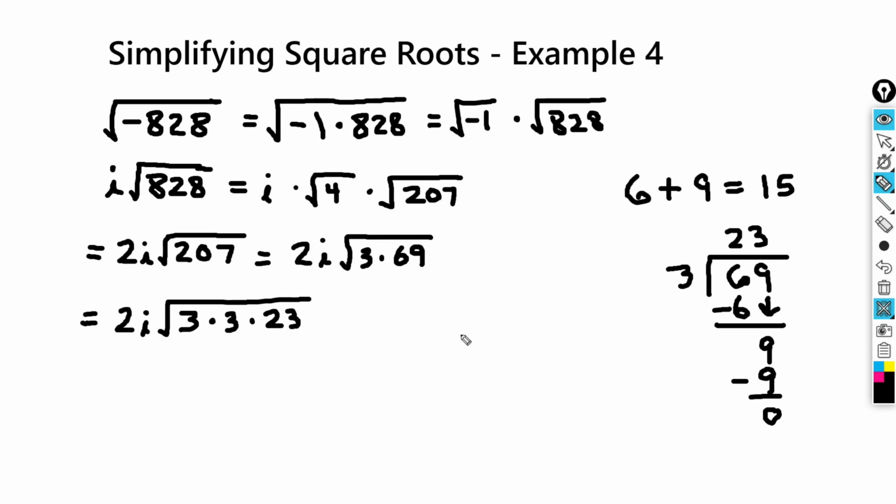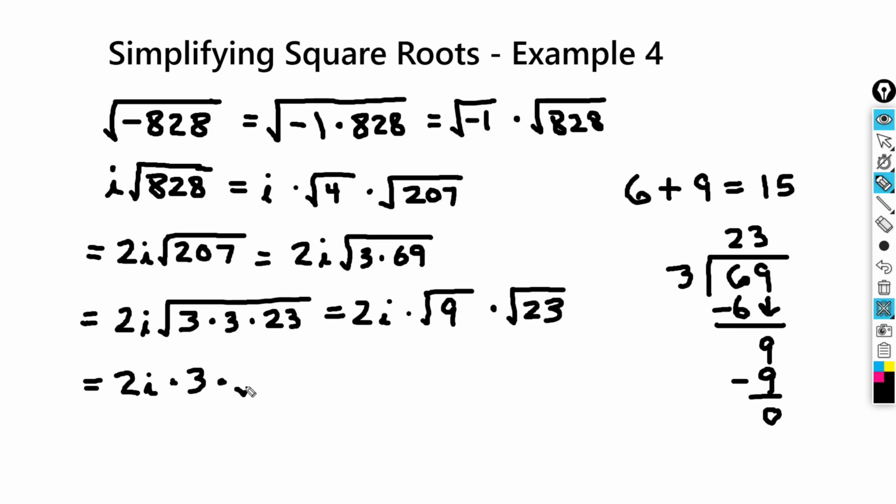Okay, so if I look at this, I can really write this as 2i. 3 times 3 is 9, so I can write this times the square root of 9 times the square root of 23. The square root of 9 is 3, so I can make this 2i times 3 times the square root of 23.